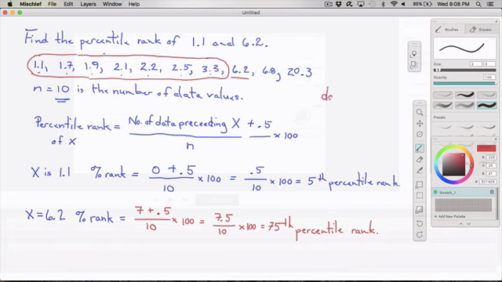Data in a list in ascending order, i.e. from low to high.